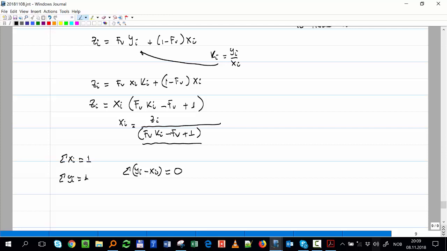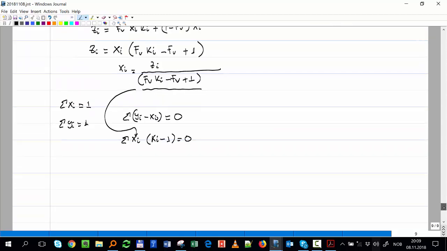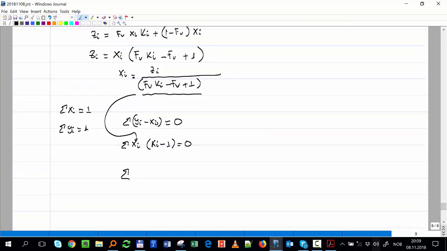If I take xi as a common factor, sum of xi, here I get K minus 1, right? And then I can just substitute this guy here. And then I have the sum of zi times Ki minus 1 over FV Ki minus FV plus 1. Voila.